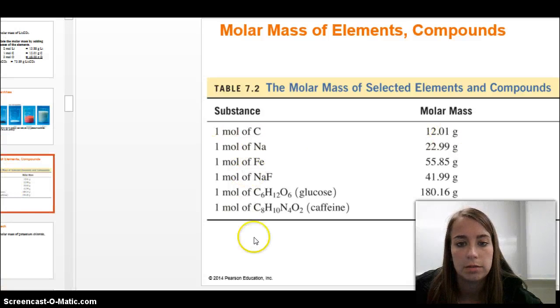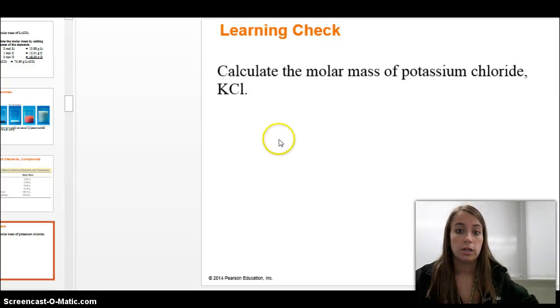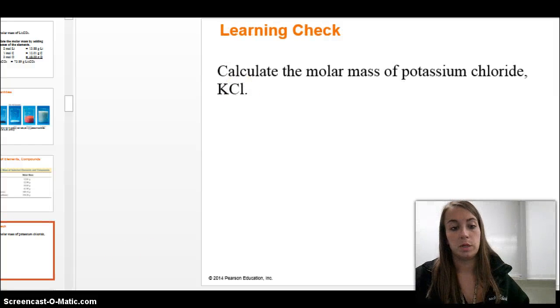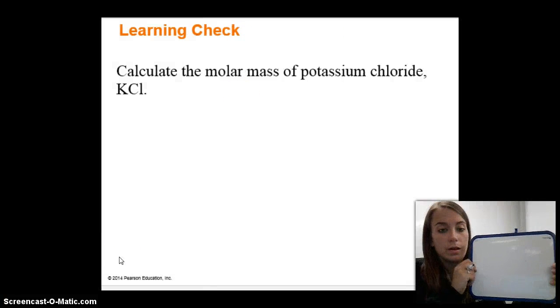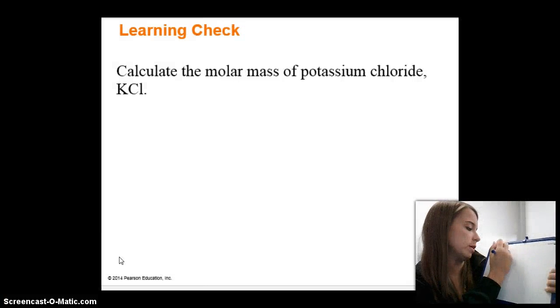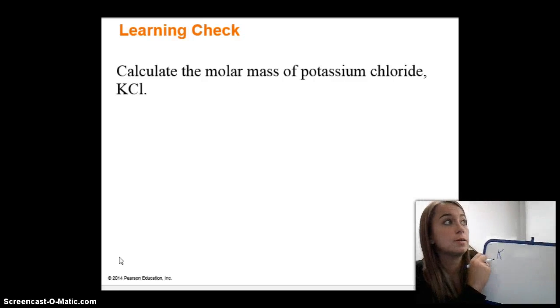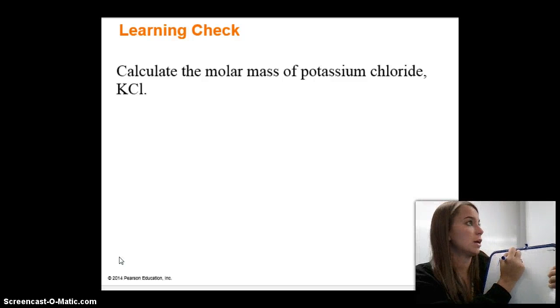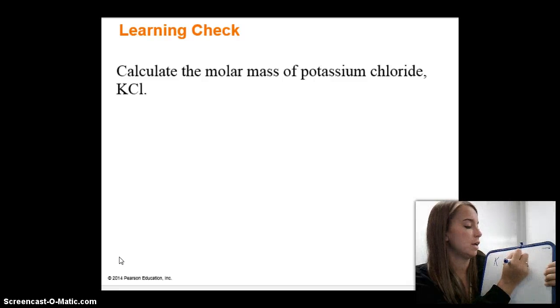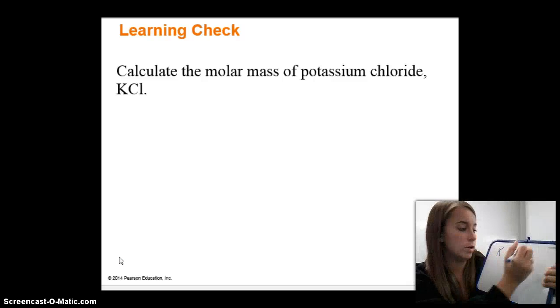So you can see, depending on what we have, a mole is a different amount. Same kind of thing, molar mass of selected elements and compounds. Let's try another one. Calculate the molar mass of potassium chloride. This one's going to be a little more straightforward. We look up the molar mass for potassium, just off the periodic table, and it says 39.0983 grams.